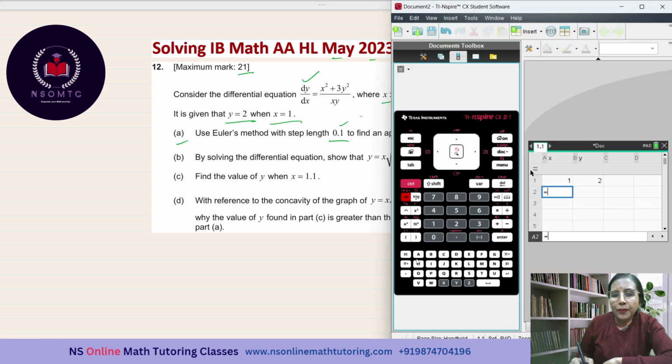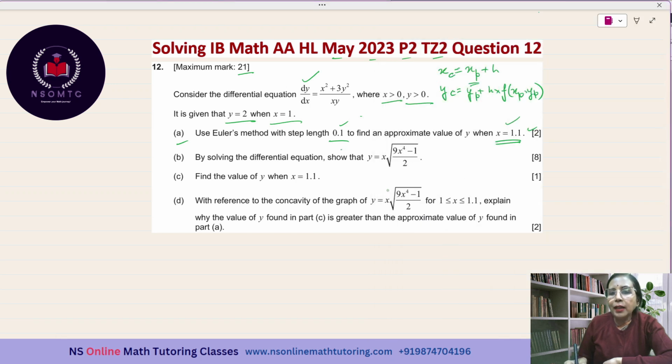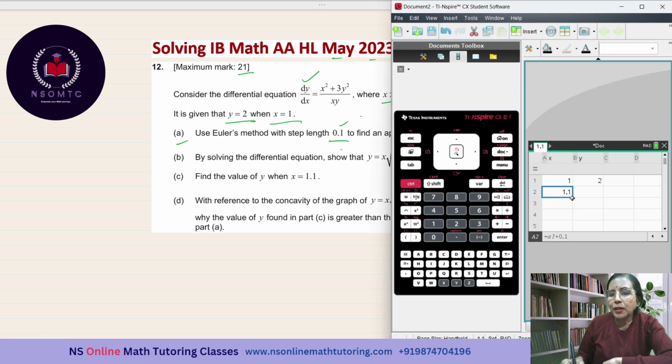So this is A1 plus the step length, 0.1. Enter. 1 plus 0.1 is indeed equal to 1.1, and we need the value of y when x equal to 1.1. So I really do not need to bring it down, but I'm just showing you the method in order to get more x values. But for this question, you really do not need to bring this down.